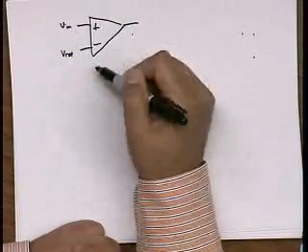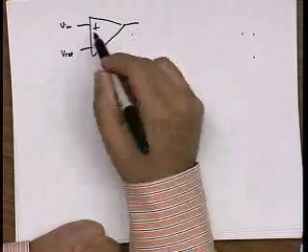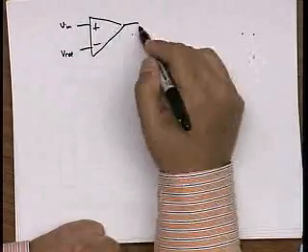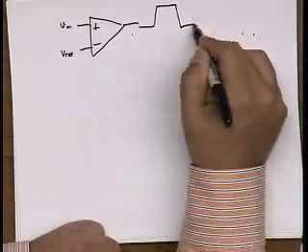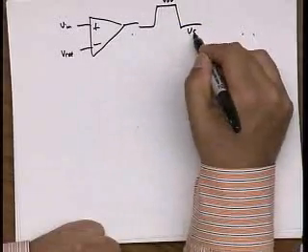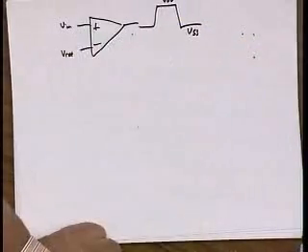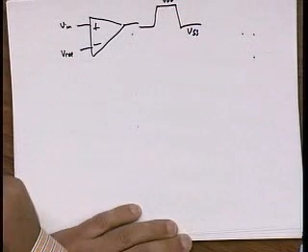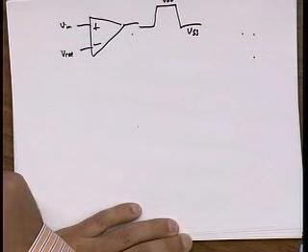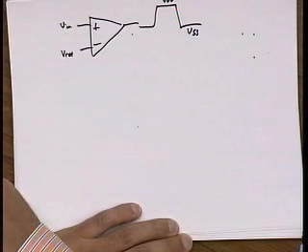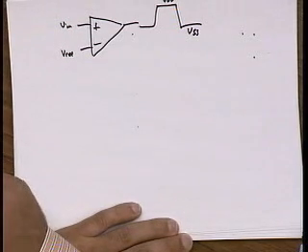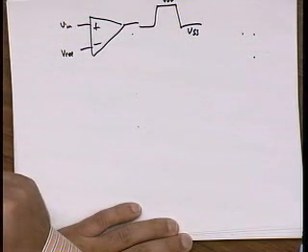It has lots of gain, so it rails. If it's smaller, it rails to VSS, right? So this thing would rail to VDD or VSS, depending on if the input is bigger or smaller than the reference. Any objections to using an op-amp like this?